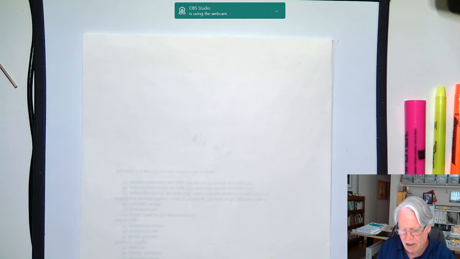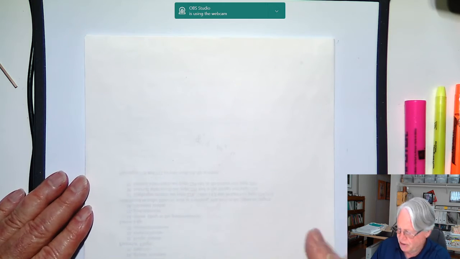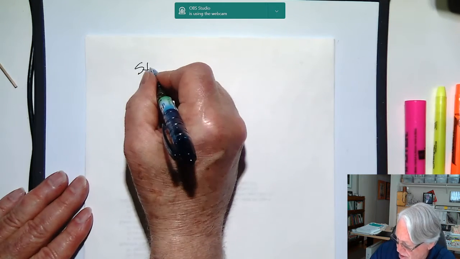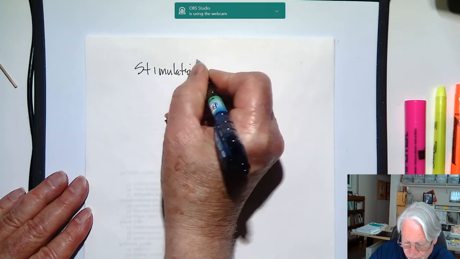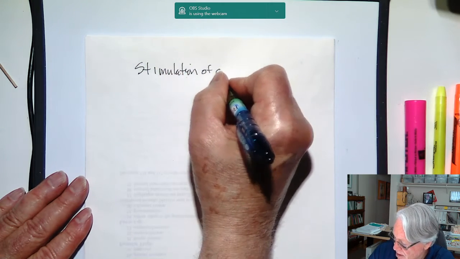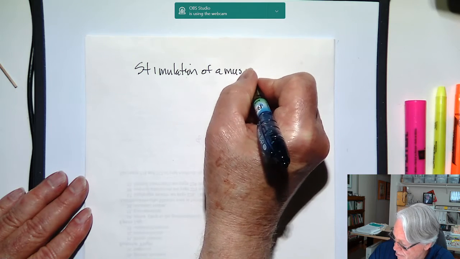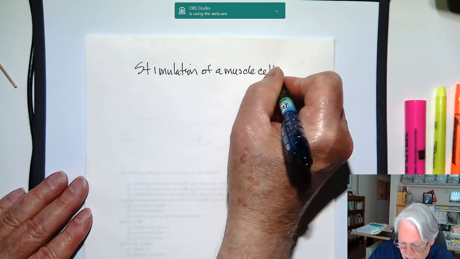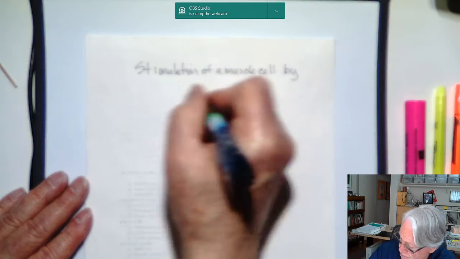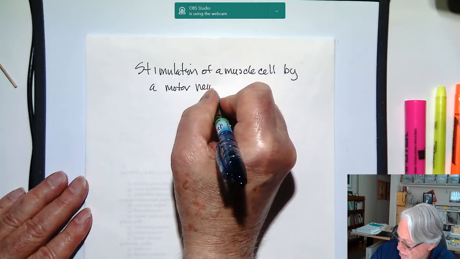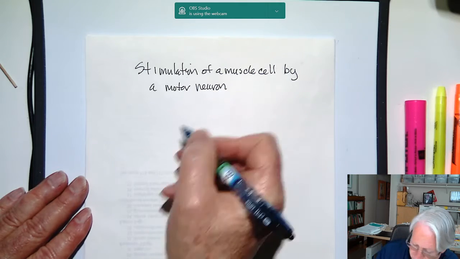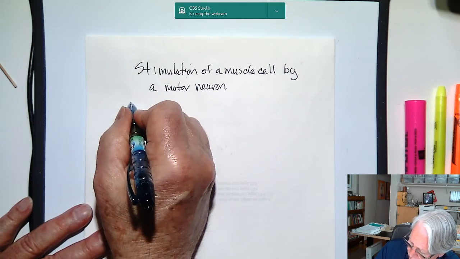Okay, so we're going to label this series of steps as the stimulation of a muscle cell by a motor neuron.